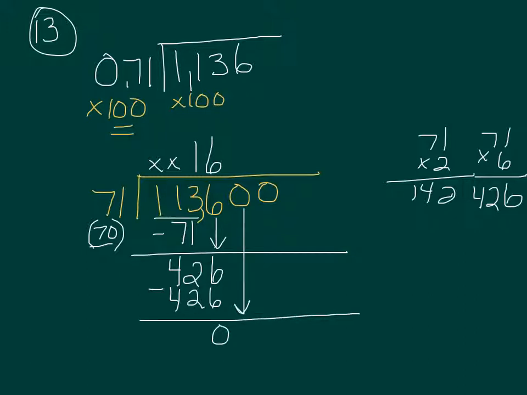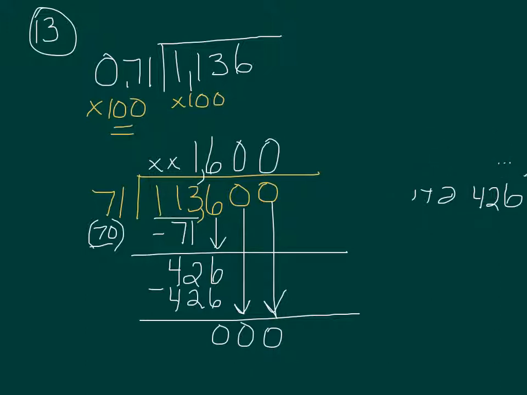Now when I bring down this next 0, I have nothing for the tens place in my quotient. Bring down this 0 in the ones place, again, there's nothing to divide out, so I end up with a quotient of 1,600.